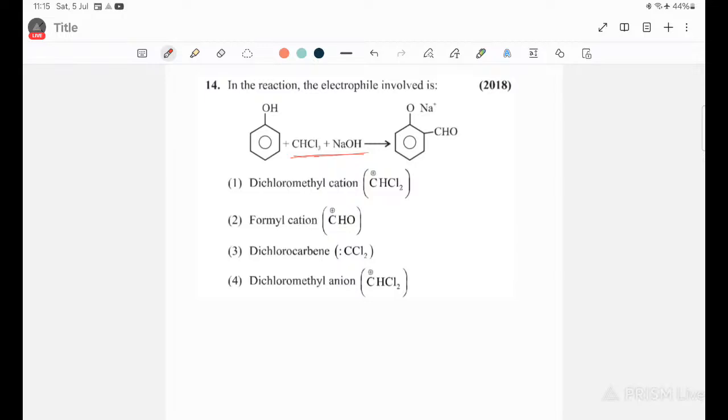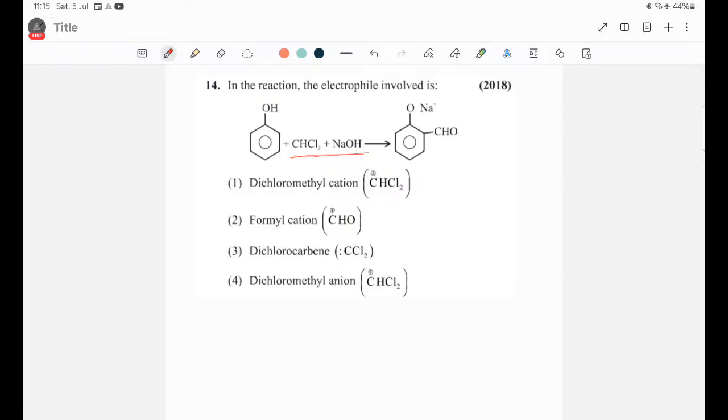Maybe it will be a bit difficult for you, as it is not covered in our regular classes, but you can still try a bit. Because in this whole question, nobody has asked you what the product should be or what the condition should be. Only the electrophile has been asked by the examiner.